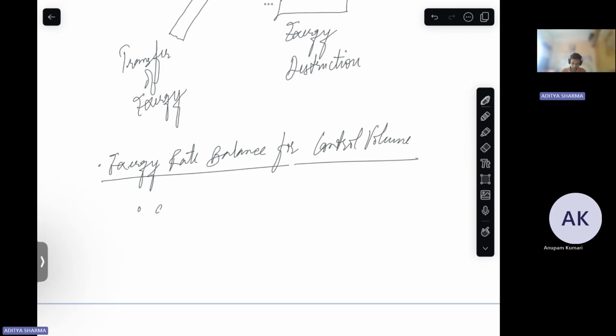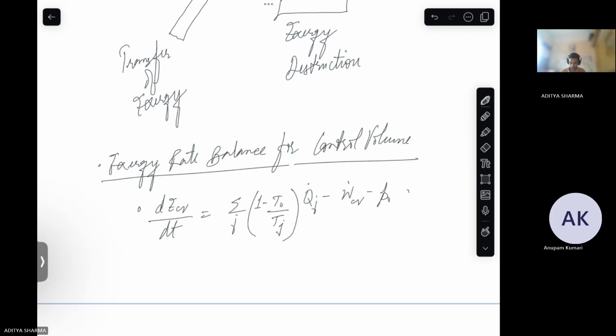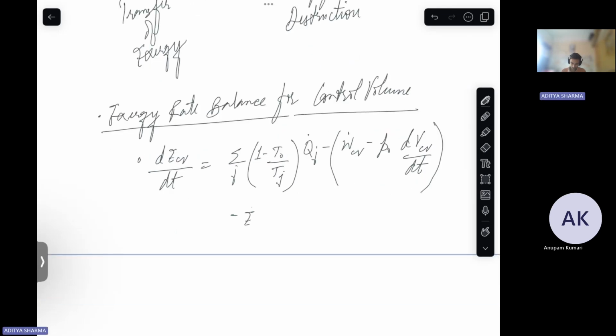So this is the change in exergy with respect to time, minus this.